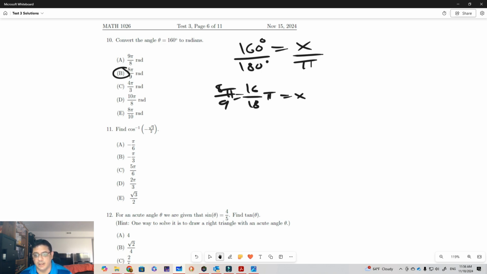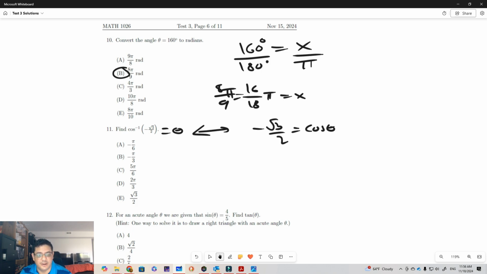Okay. All right, moving on, we want to find out what is cosine to the -1 of minus the square root of 3 over 2. The way we do this is we imagine that this is a certain theta, and now we're looking for when the cosine of theta is minus the square root of 3 over 2. Cosine is the x, so this can happen only in the second quadrant or in the third quadrant.